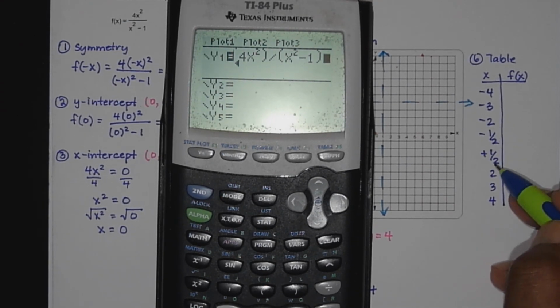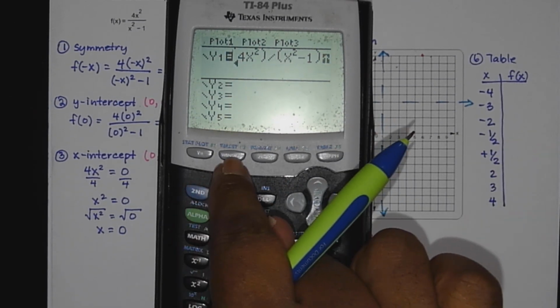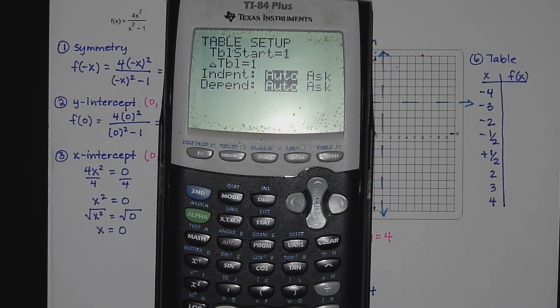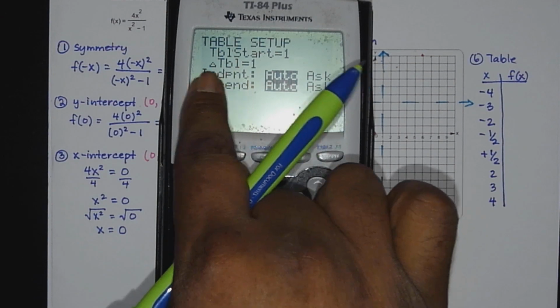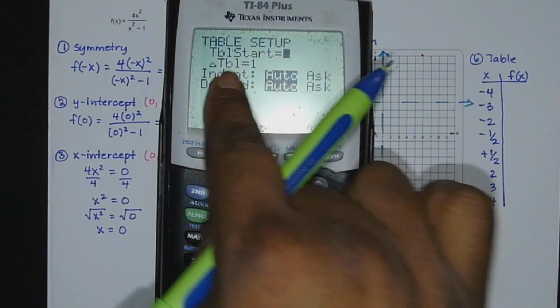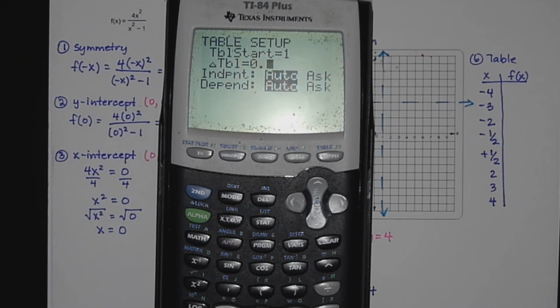Now, because I got negative 1/2 and positive 1/2, I'm going to need to know what those values are. And the way I can do that would be this. I'm going to do second and table set. Okay. Now, under this part right here where it says the change in table, delta TBL, I'm going to go down here and change that 1 to 0.5, because my independent variables would be in increments of 1/2.